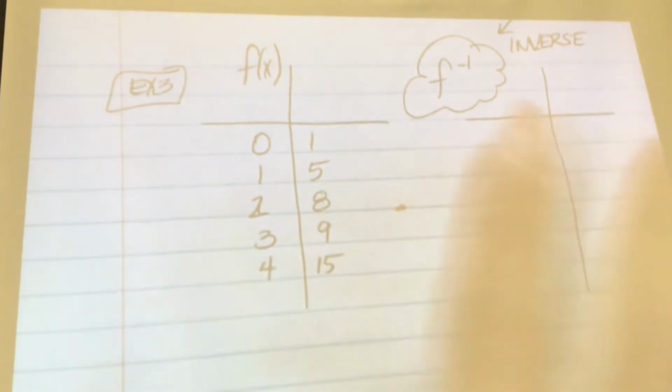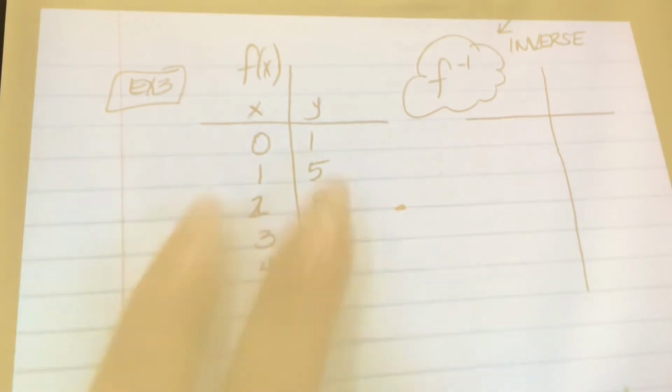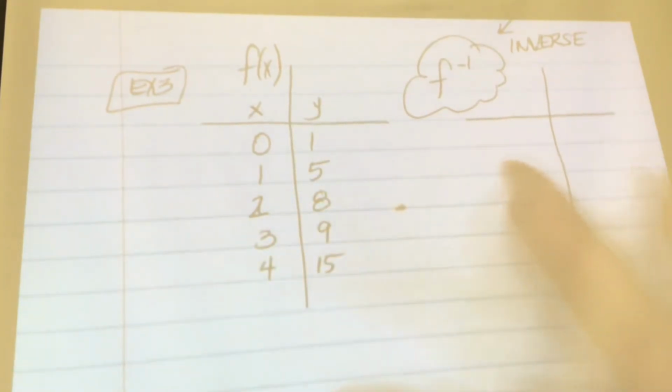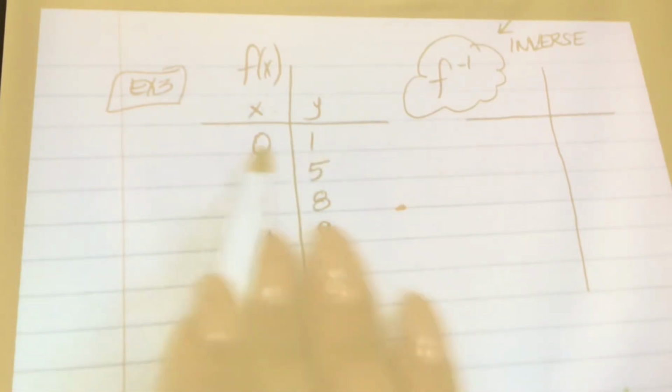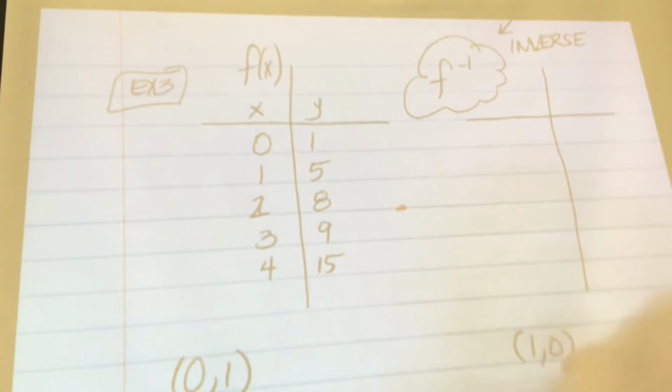You switch the x's and the y's. So since this is the x's and the y's in the original function, its inverse is going to have its opposite or switched points. So if 0, 1 exists in f of x, if you were to graph 0, 1, on the inverse, you're going to graph 1, 0.